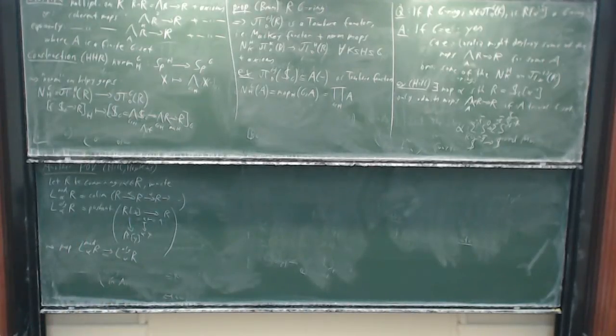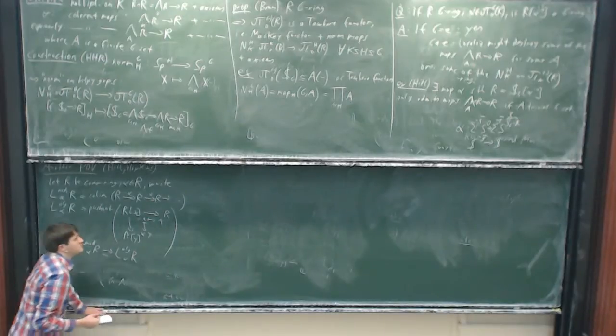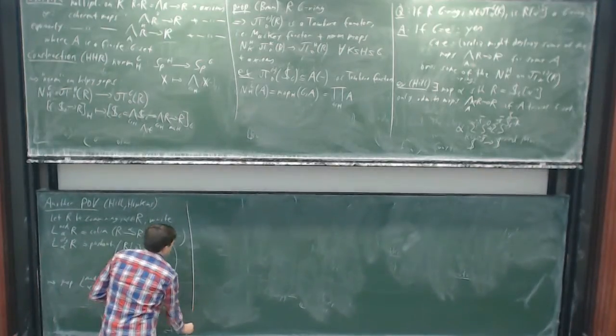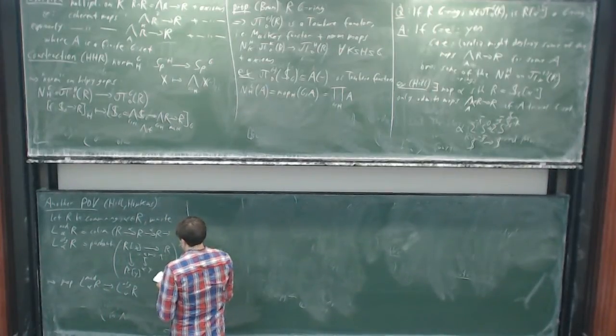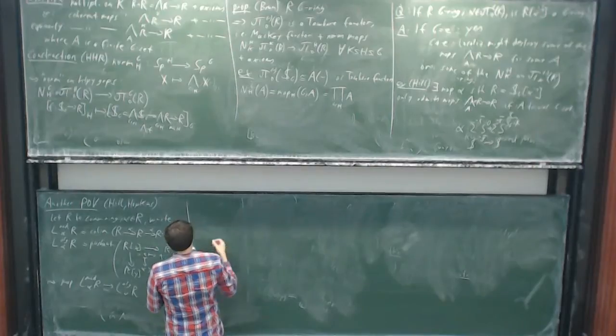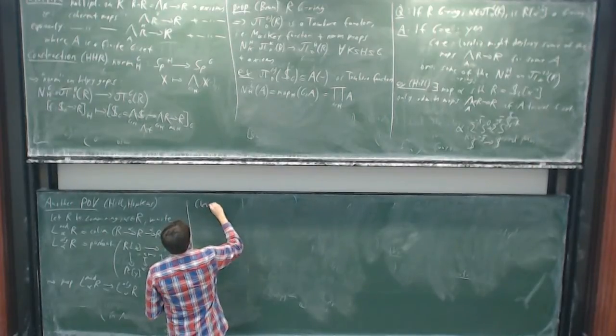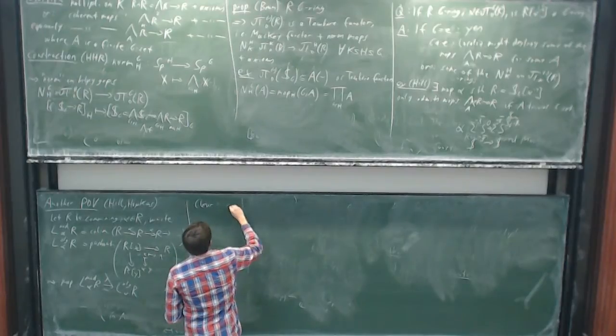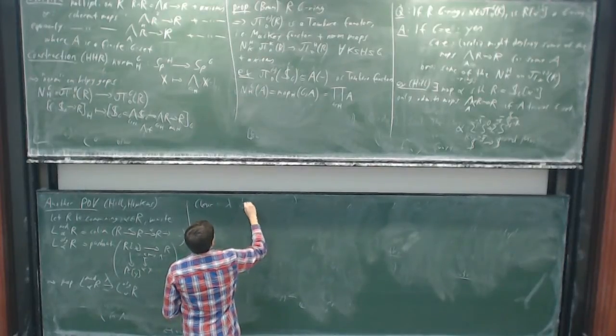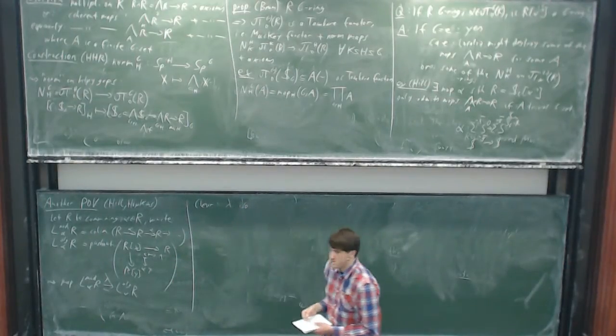And what you learned in your first course in commutative algebra is that this map is an isomorphism, and both constructions realize what is called the localization of a ring. Let's call this map lambda. And it's clear that in this setting, lambda is a canonical isomorphism.